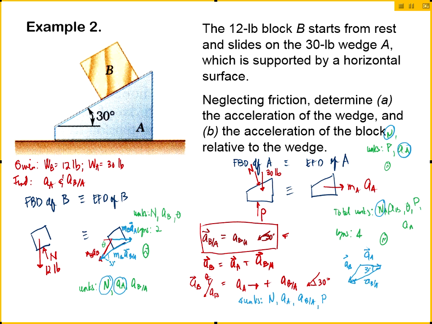It's not true along any direction, because if you go along 30 degrees, B has a component of motion along 30 degrees, and A is also moving perpendicular to 30 degrees. So try not to visualize so much. Just say these two diagrams are correct, and I will base any equation I write on these diagrams.